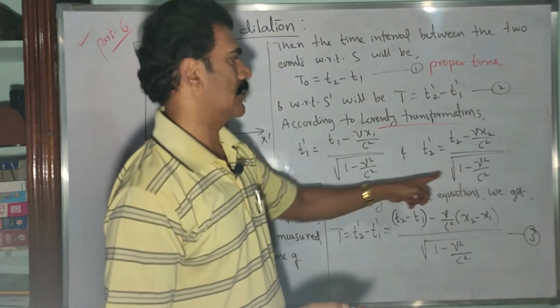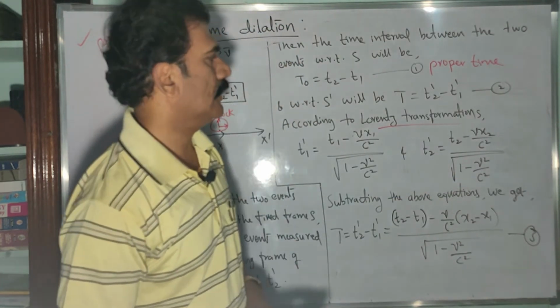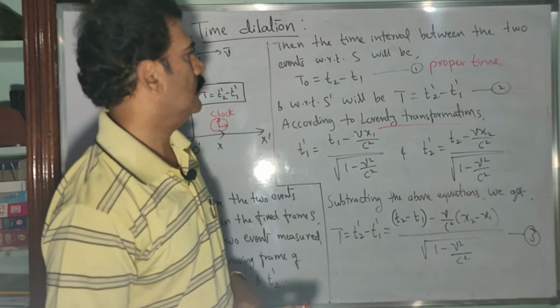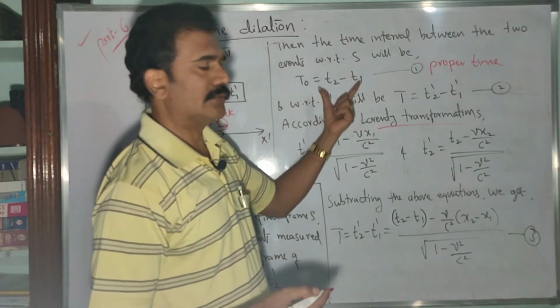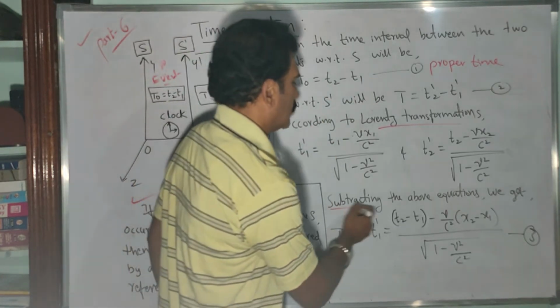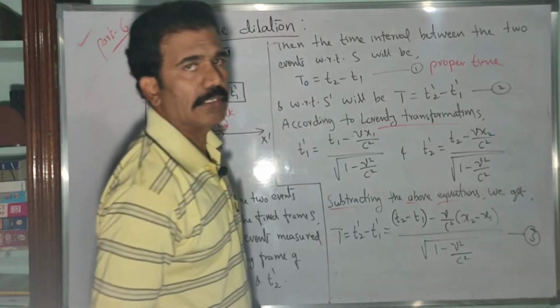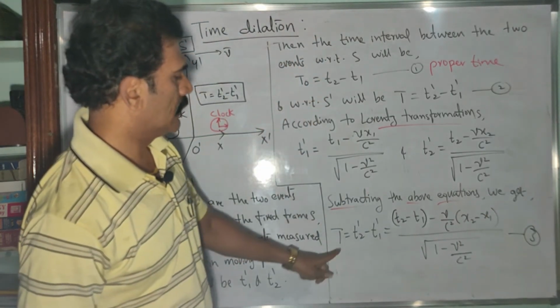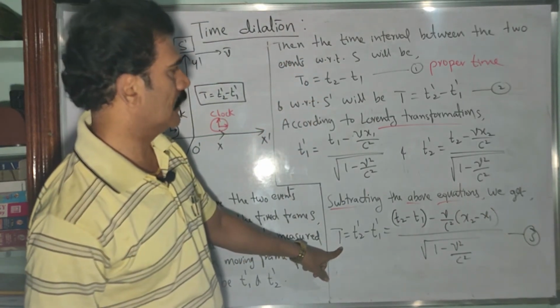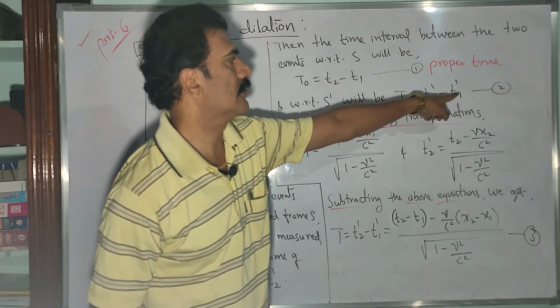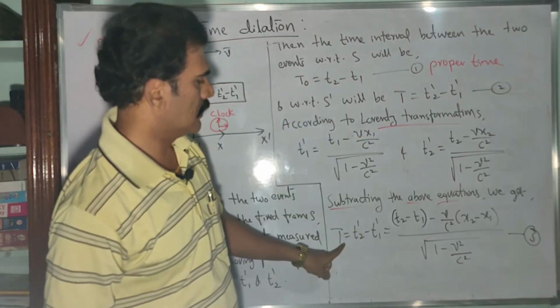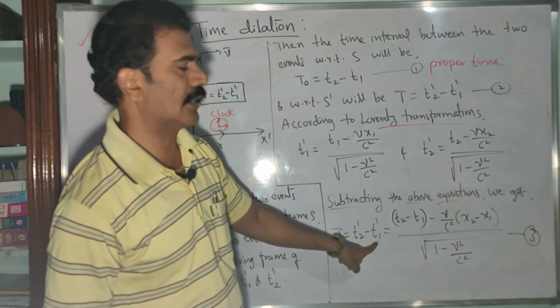So the denominator is the same. Now if I take the difference, because you have to get the time interval here, subtracting the above equations, we get t, because t2 dash minus t1 dash is equal to T. So t is equal to t2 dash minus t1 dash.